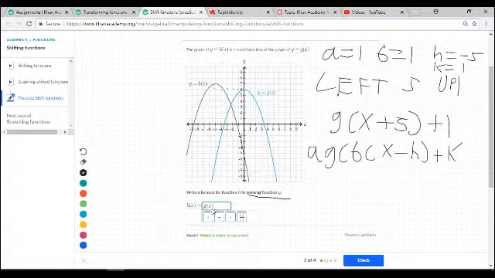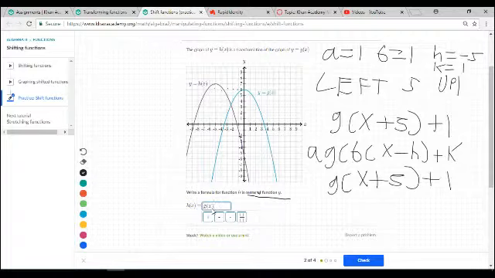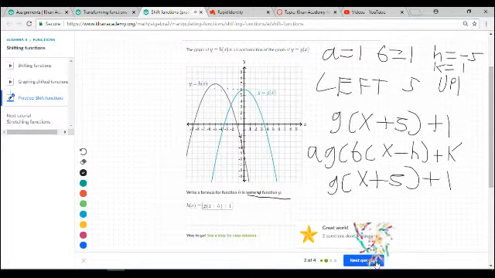So we just ignore the a and b, and we have g of x minus negative 5, which is x plus 5, plus k, which is going to be plus 1. So g of (x plus 5) plus 1. Got it right. So think about it in terms of this function notation right here.